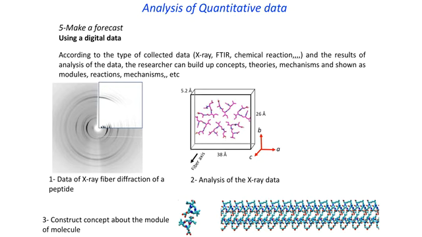For example, this is the XY data obtained by X-ray fiber diffraction or X-ray crystal diffraction. You can get the XYZ data, and then you can analyze it and construct the concept about the model of the molecule.